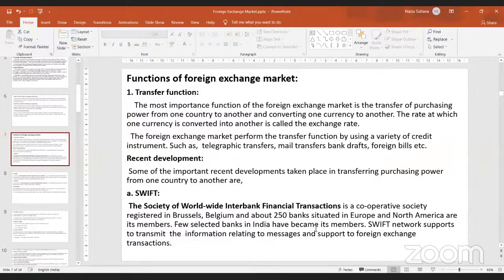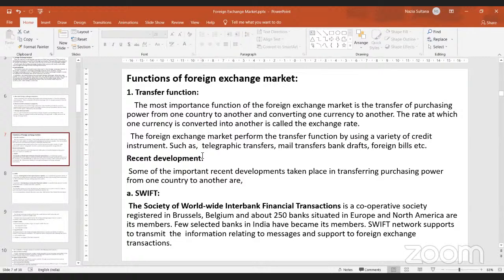Under this transfer function, you also have something called SWIFT. SWIFT is the Society for Worldwide Interbank Financial Transactions. It is like a cooperative society, registered in Brussels, because Paris and Brussels have a physical location where foreign exchange transactions take place.